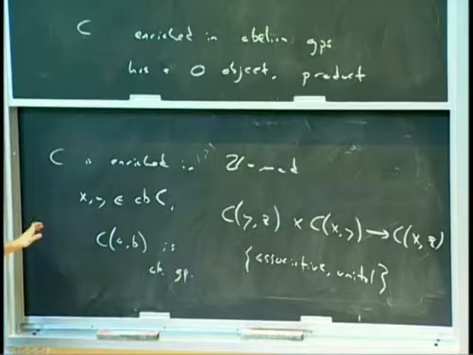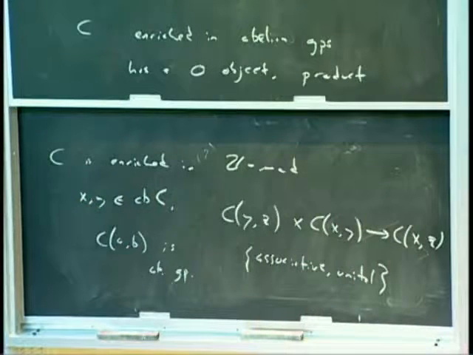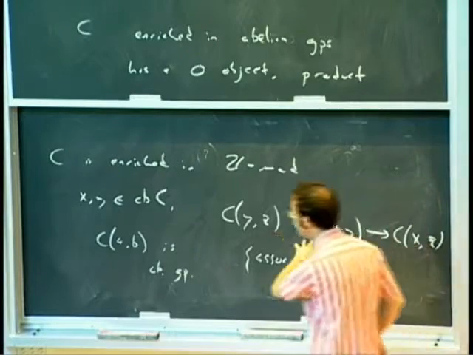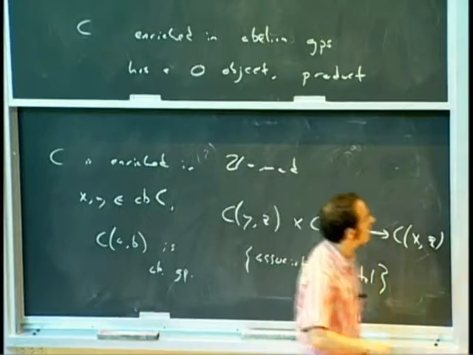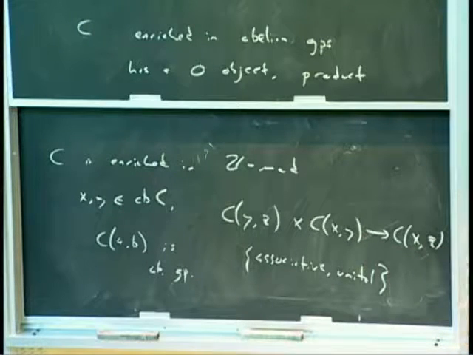Okay, so what you should think of with an abelian group, or this says something kind of interesting, which is that one of the things that we'll use about this is that we always have, for any category, the Yoneda embedding.